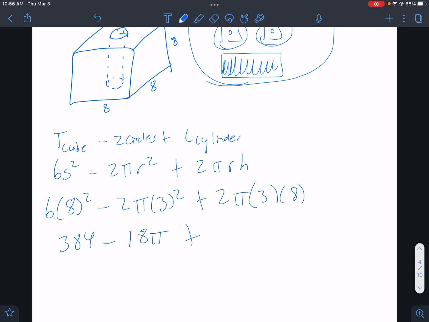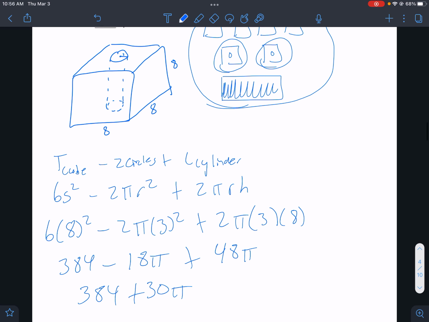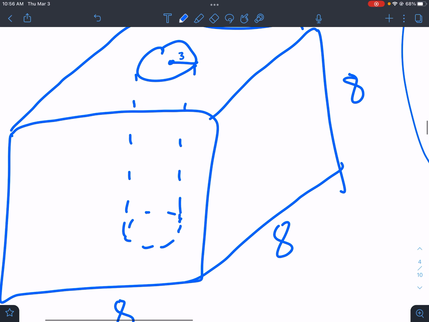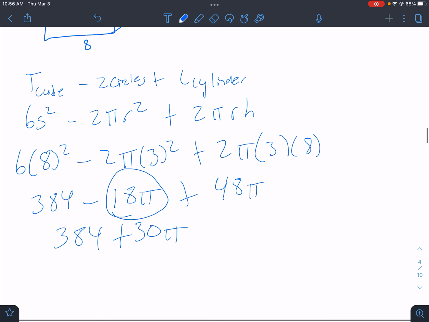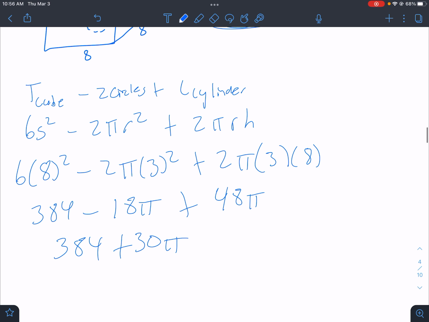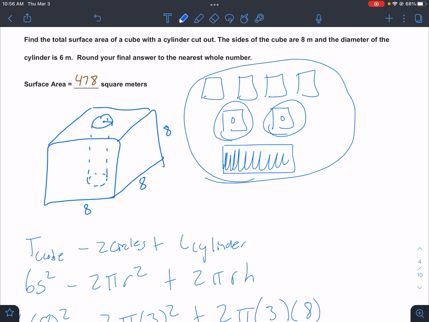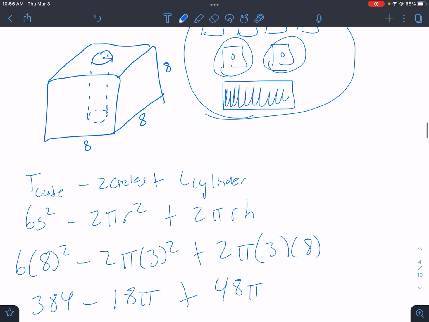And then 6 times 8, 48 pi. That's going to be 384 plus 30 pi. So although we lost volume, we actually gained surface. We lost 18 pi, but we gained 48 pi. So the surface area of this shape is actually more than the original cube.